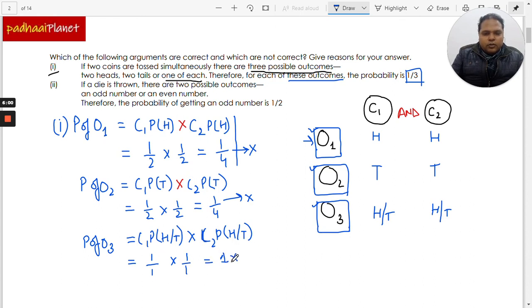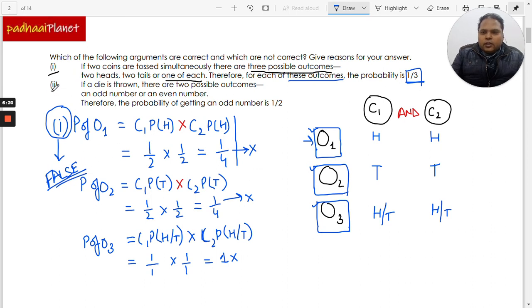Now this is also not satisfying the condition of 1 over 3. So the statement number 1 is standing false, that is not correct.